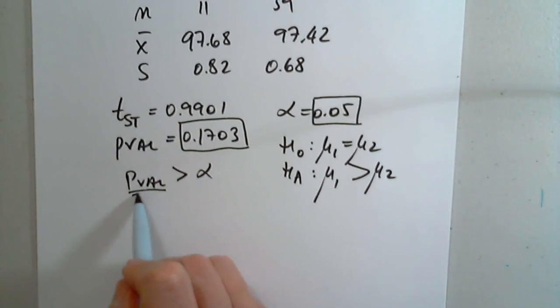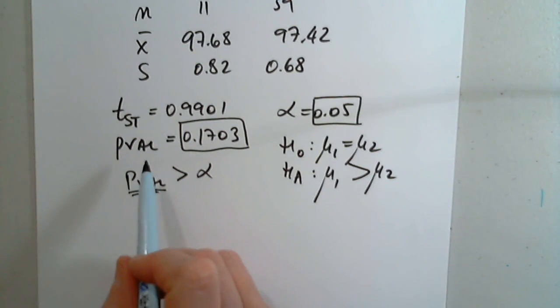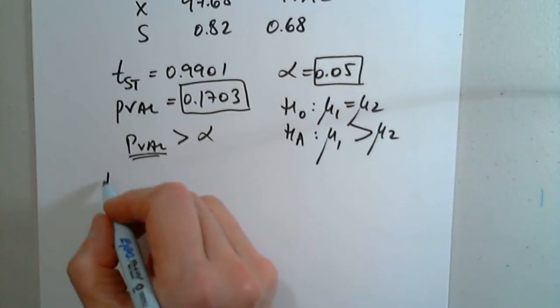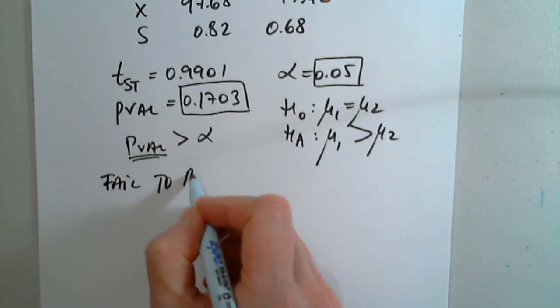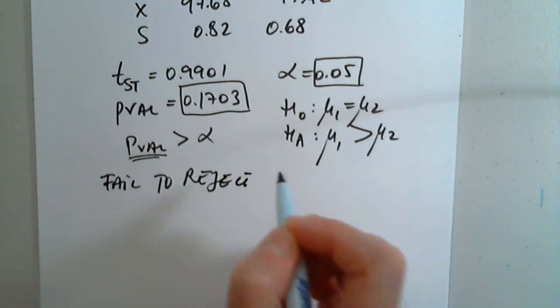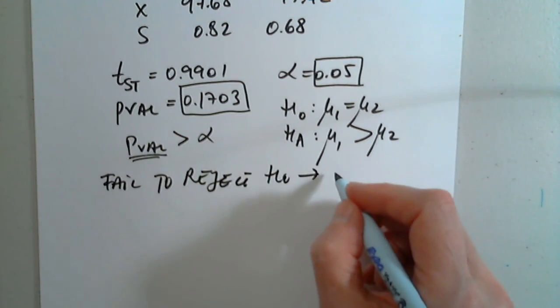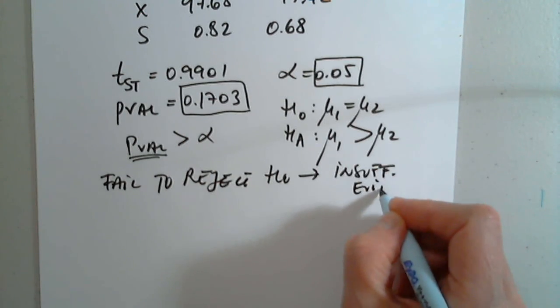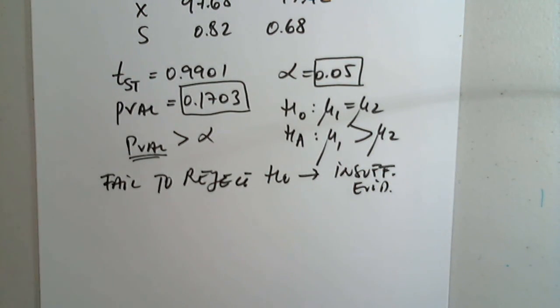Every time the p-value is greater than alpha, the test statistic falls in the non-rejection region. Fail to reject the null hypothesis. That means there is insufficient evidence. So let's look for that.